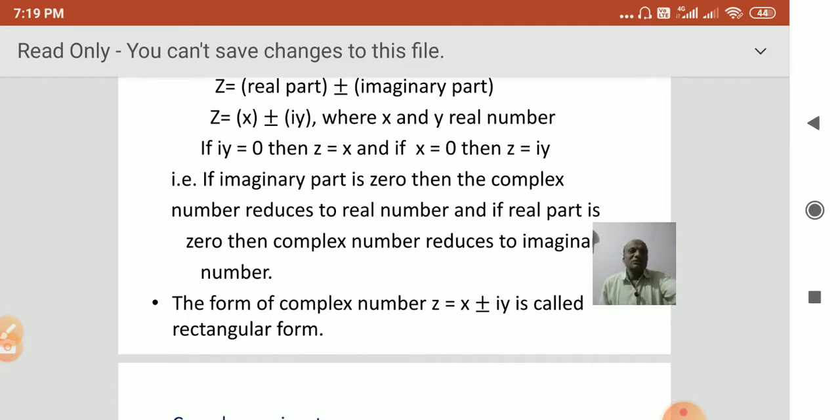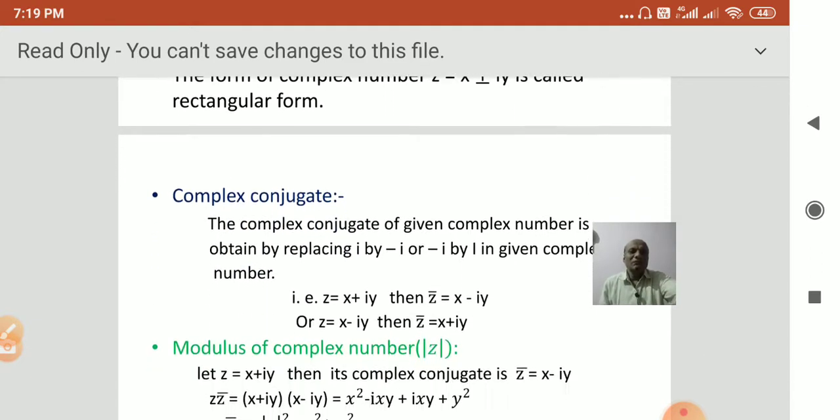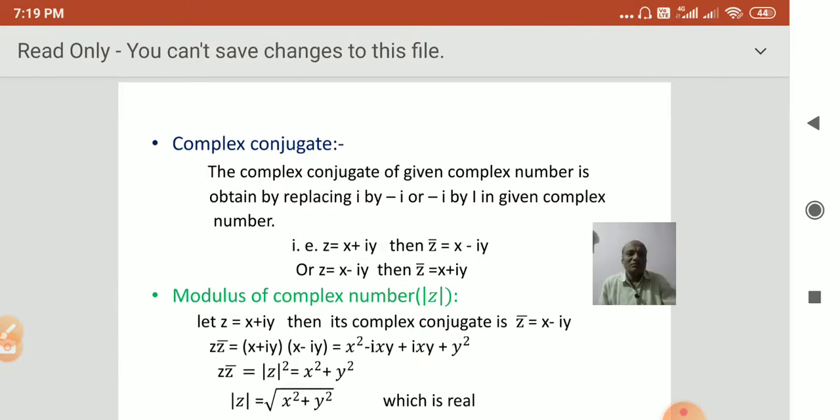Now we see how the complex conjugate of a given complex number can be found. We have seen that a complex number may have the form Z equal to X plus iY or Z equal to X minus iY. There may be a plus sign or a minus sign in the complex number.